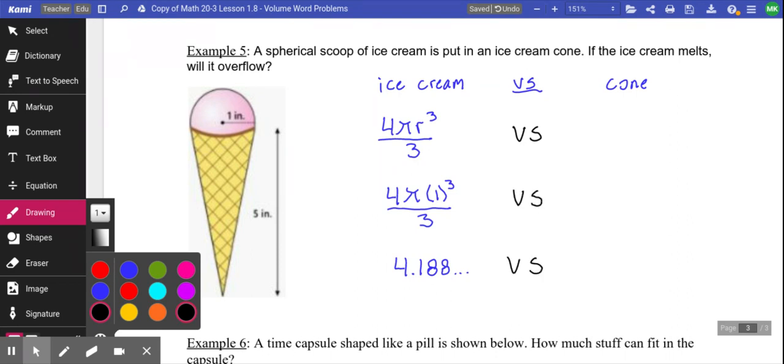the volume of a cone, which we haven't calculated yet today. So a reminder that the volume for a cone is pi r squared h. And that h is the vertical height, not the slant height. So it's from the top to the bottom.